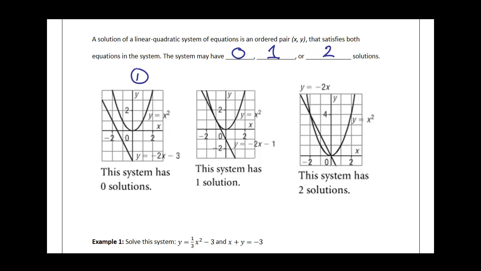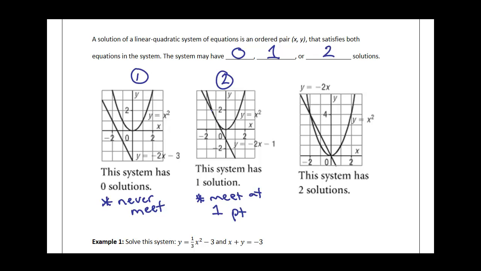So our first graph here has no solutions because our graphs never meet. They never intersect or meet in any points. There's a separation there. Our second graph here is a system that has one solution because our graphs meet at one point.